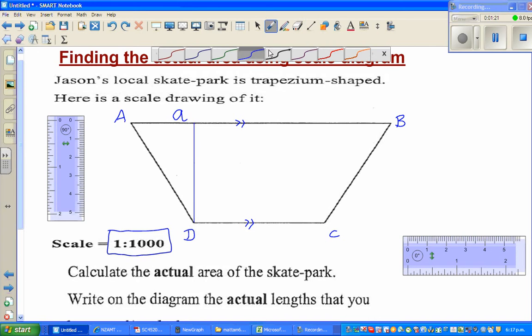Let us call that H. You can split this into a rectangle and two triangles and find the area of each.